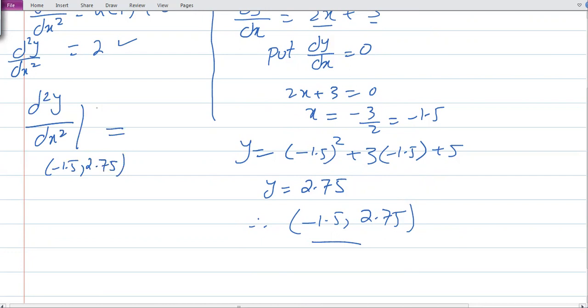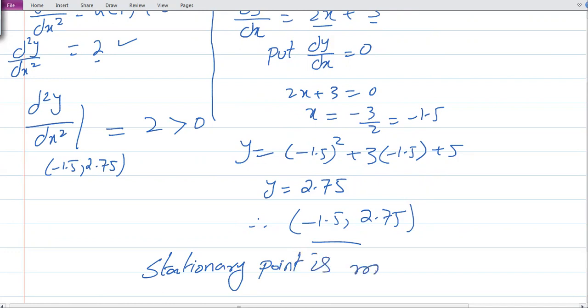This point when you put here, you will get it equal to 2. Because we don't have any x, y, the answer will be 2, which is clearly greater than 0. So therefore, the stationary point is minimum. We call it minimum, or another word used is local minimum.